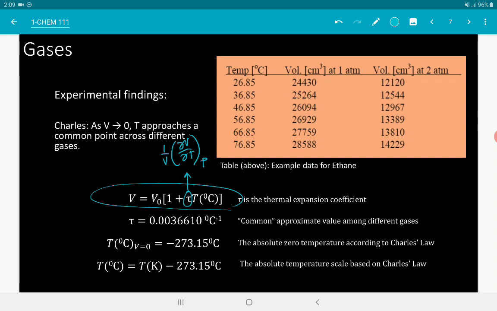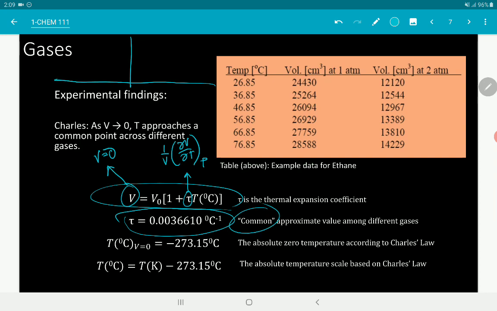Pero kapag nasa certain condition ka of pressures, halimbawa mababa yung pressures mo, nag-a-approach sa ganitong value yung thermal expansion coefficient. So using this common approximate value among different gases, dinerive niya yung value ng temperature if V is equal to 0. So, if you plot the Charles' law diagram or graph, this is temperature and this is volume.